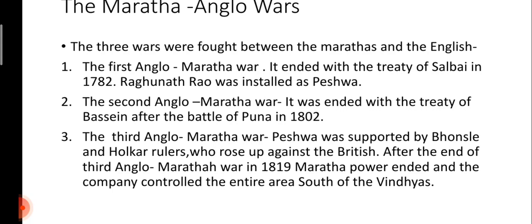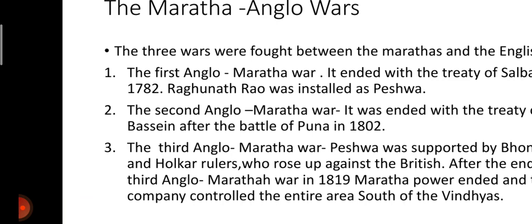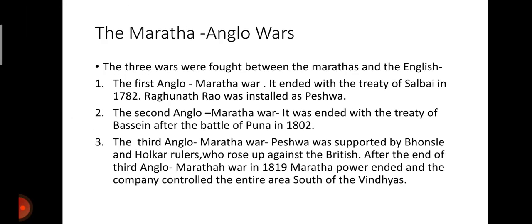The Second Anglo-Maratha War ended with the Treaty of Bassein after the Battle of Pune in 1802. In the Third Anglo-Maratha War, the Peshwa was supported by the Bhosle and Holkar rulers who rose up against the British. After the end of the Third Anglo-Maratha War in 1819, Maratha power ended and the company controlled the entire south of the Vindhyas.